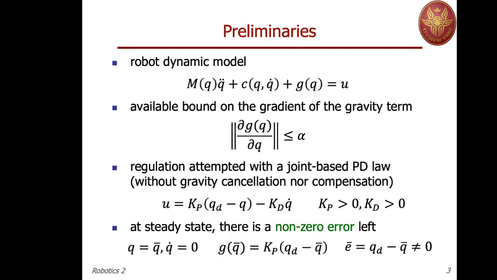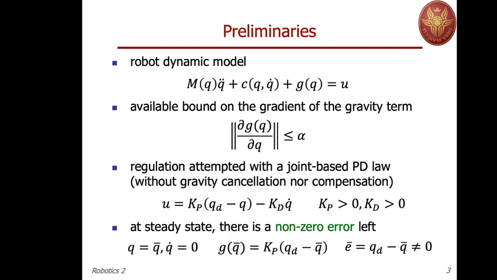So what happens is that we will find at steady state an equilibrium which has a non-zero error left. Let's call this equilibrium configuration q bar, and since we are at steady state and this is an equilibrium, necessarily, as we have seen for mechanical systems, q dot should be 0. So we implicitly know that at this steady state, the residual error qd minus q bar multiplied by the gain balances the gravity in that configuration, which is not the one which is desired.